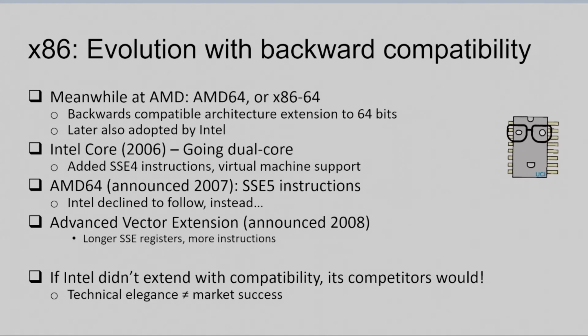They called it AMD64. And later, after Intel decided Itanium wasn't going to be sustainable, they also adopted this extension in a bit compatible way. As a result, AMD64 is also called x86-64.